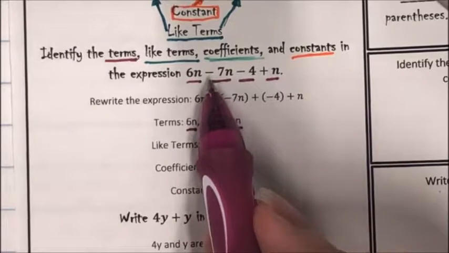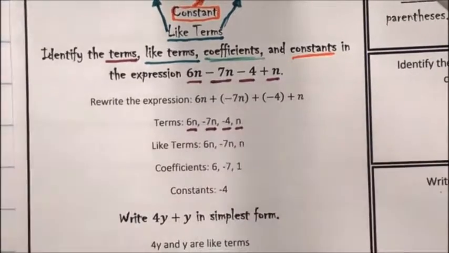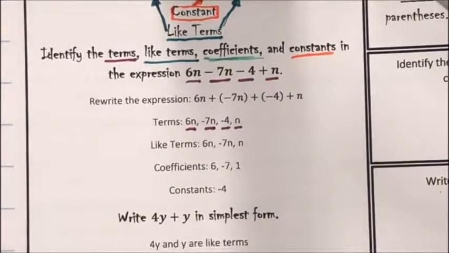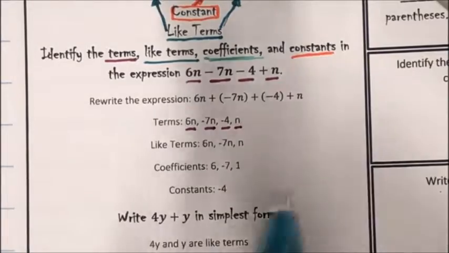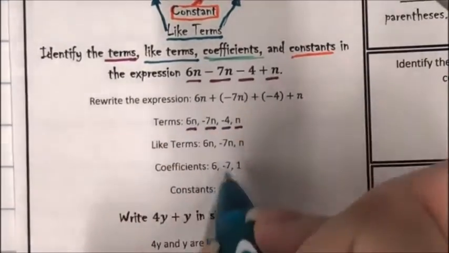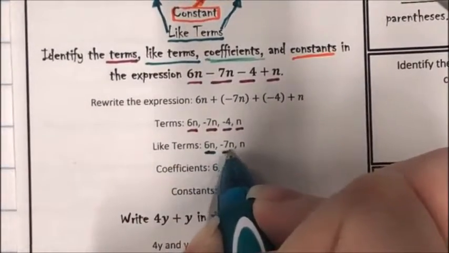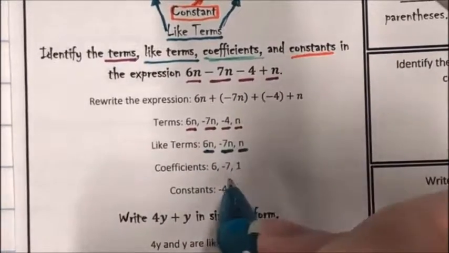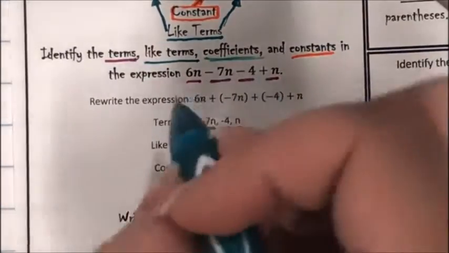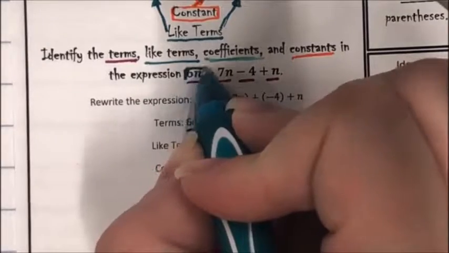Notice I take whatever sign is right out in front of that term. My like terms, remember like terms have to have the same variable raised to the same power, are 6n, negative 7n, and n because they all have an n in them.